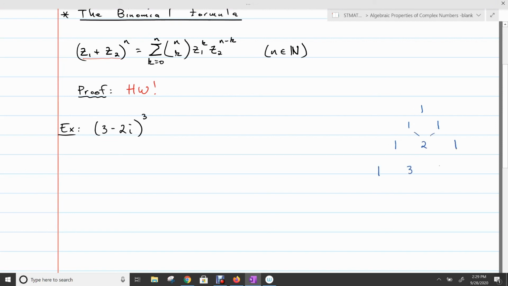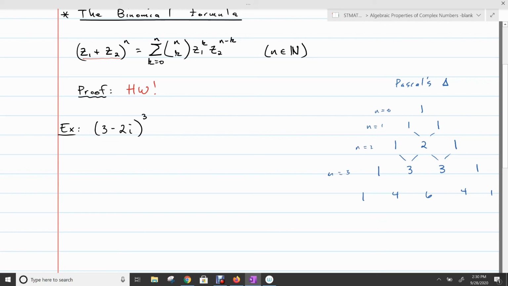Here I'd have 1, 3, 3, 1 because I'm adding, and so on and so forth. I think this is called Pascal's triangle. You can see how it continues forever. Each place down below, if there are 2 numbers above it, you just add those 2 numbers to get the number below. The first line of this table corresponds to when n is equal to 0. The second line is when n is equal to 1, and then n equals 2, n equals 3.